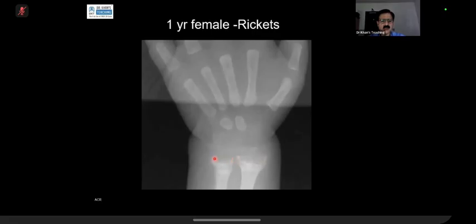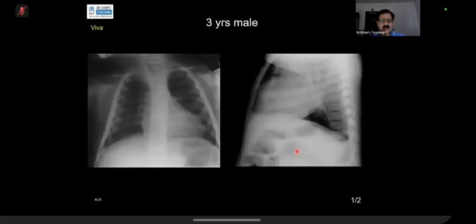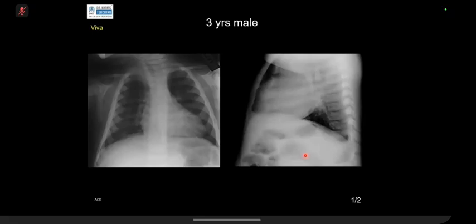Another example here where there is cupping. And now candidate 3, what is your finding here? So in this child, I think there is some widening of the anterior aspect of the ribs, or grossly.